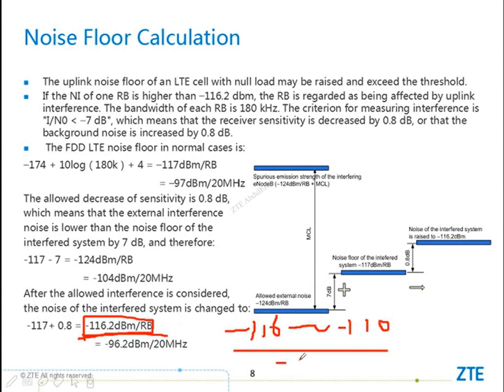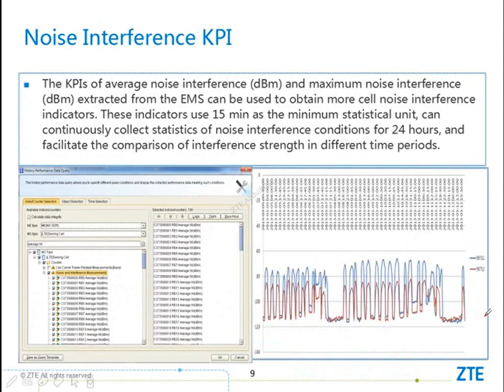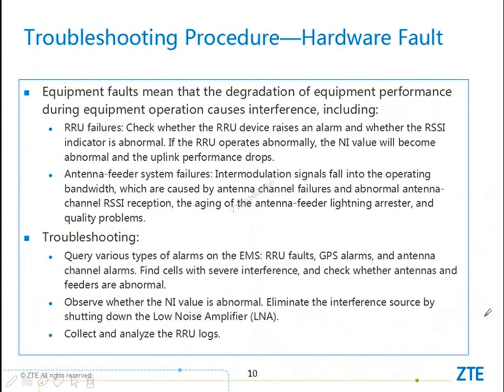But if the noise per RB value is from minus 110 to minus 100, then the interference is higher. It's high. You need to solve this problem. If higher than minus 100, the interference is very high. It affects the performance. Okay, so the uplink interference, we can easily see this in the EMS.